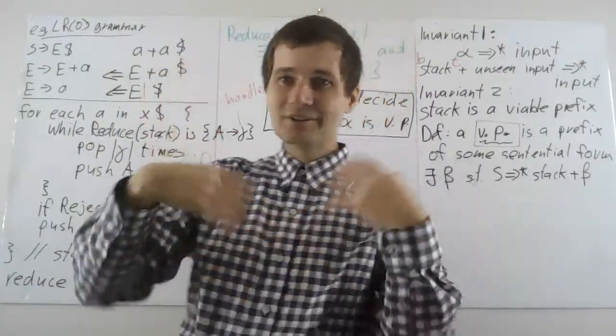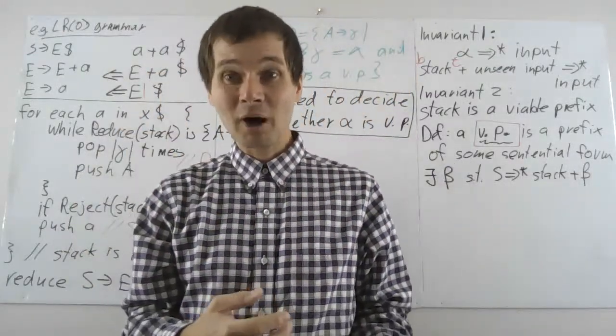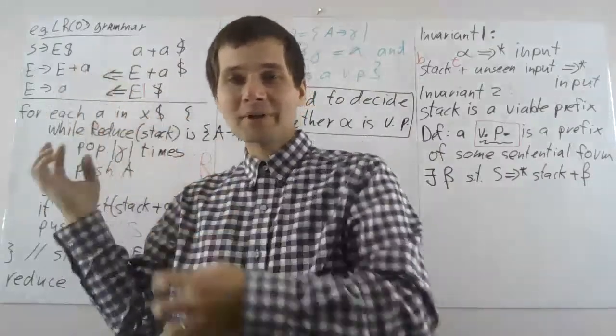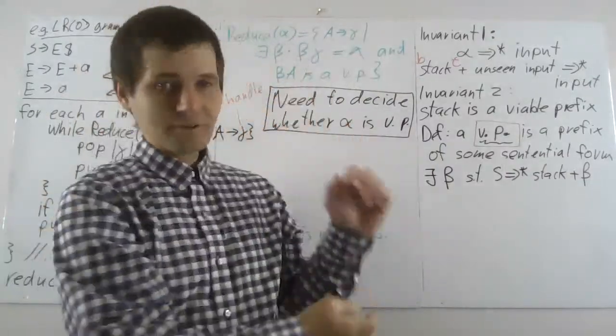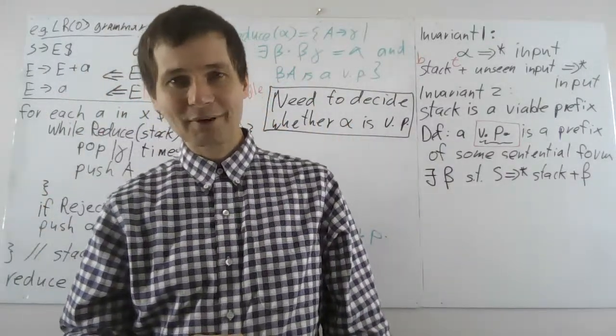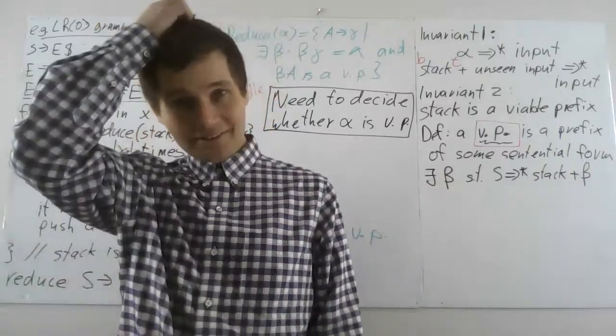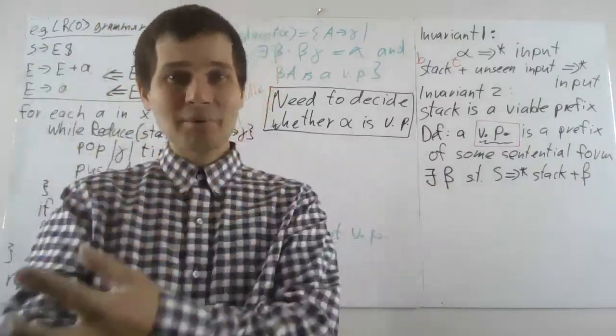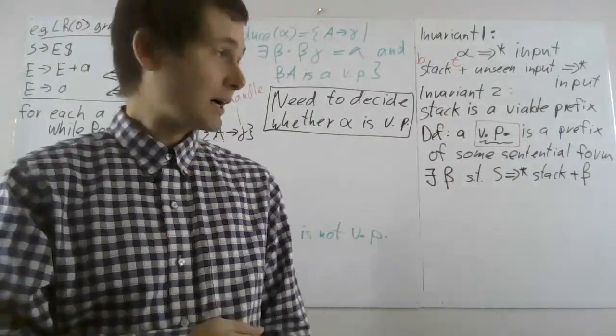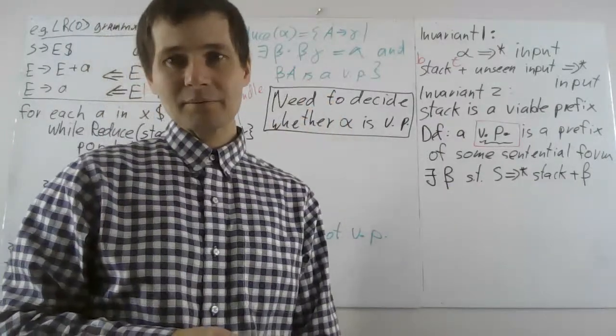Do you see the chicken and egg problem? In order to implement a parser, I need a parser for viable prefixes. This is bad, right? To implement a parser, I need a parser to decide whether alpha is a viable prefix.